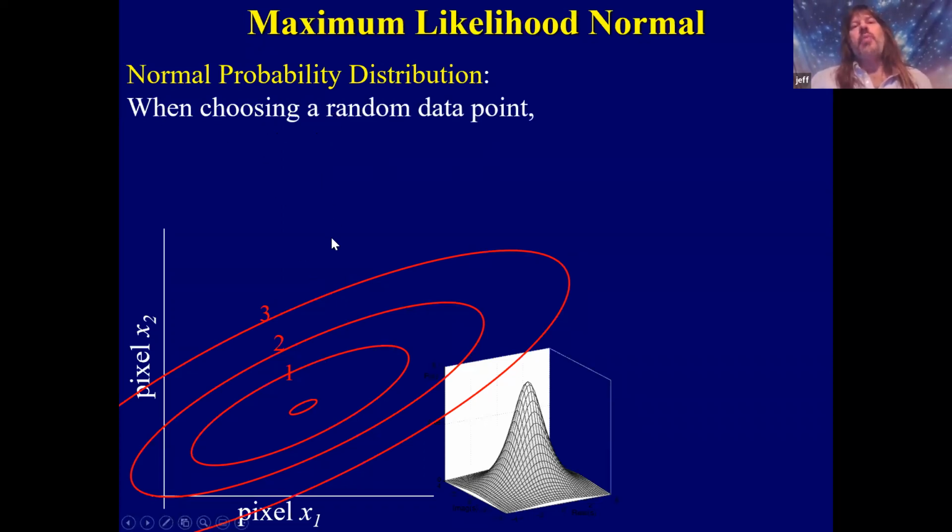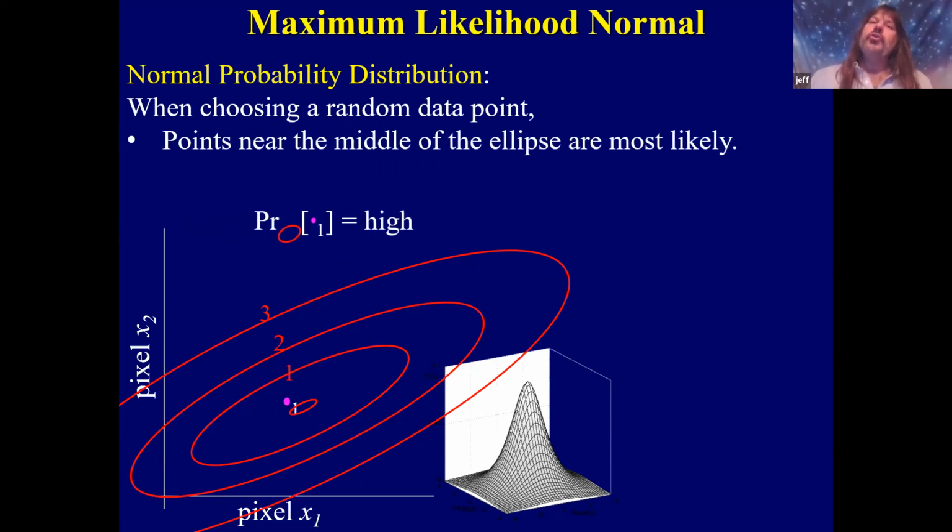So if you choose a random point, we have a particular distribution defined by these ellipses, then when you choose a random point, right, here's some point, what's the probability that we get this point? Well, here I have a little ellipse under here, because this is saying, conditioned on, we're talking about these ellipses, what's the probability that I get that point right there? And I'm saying it's quite high, the probability I get that one. Why? Because it's close to the center of the, close to the smallest ellipse.